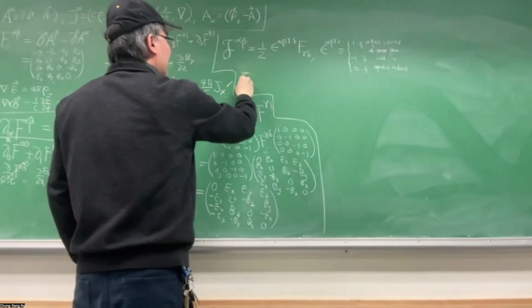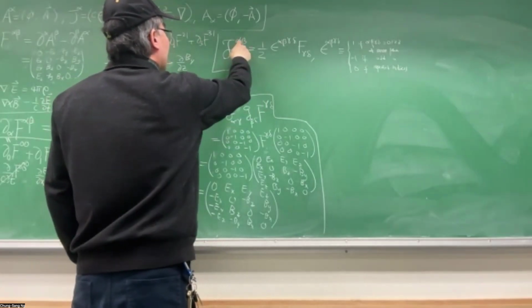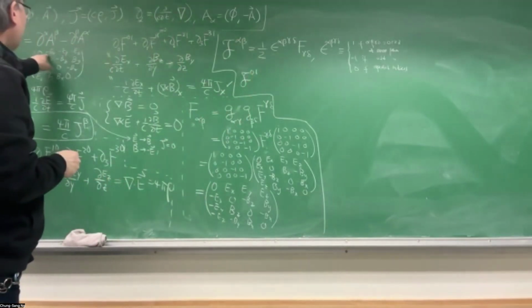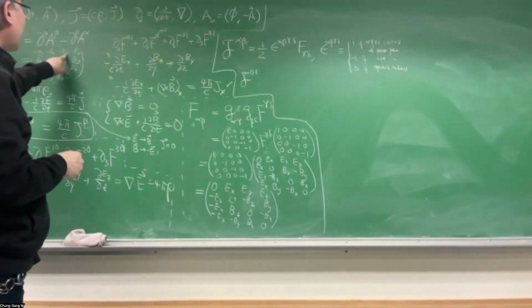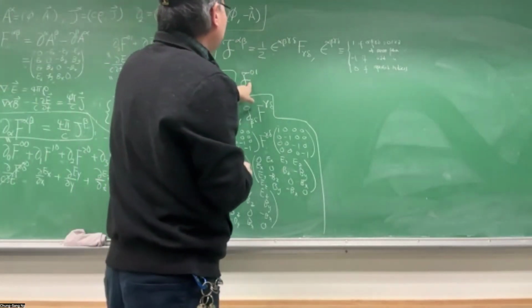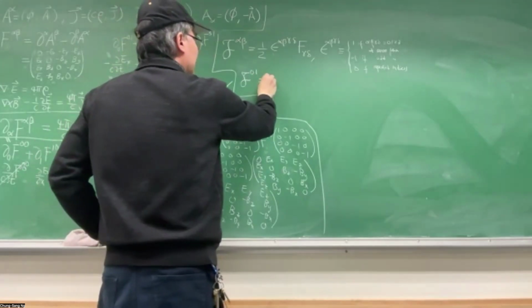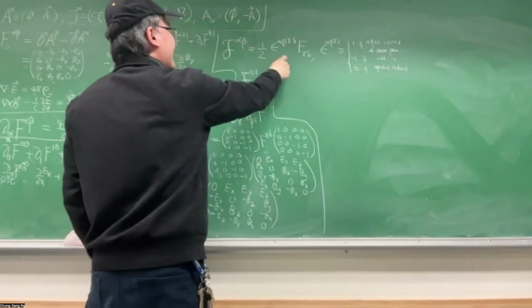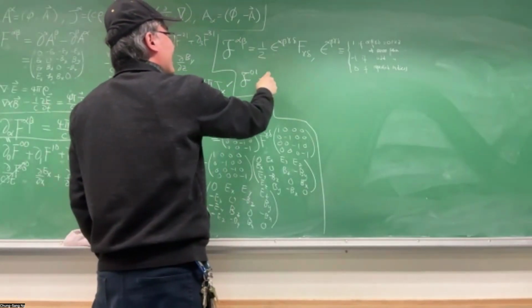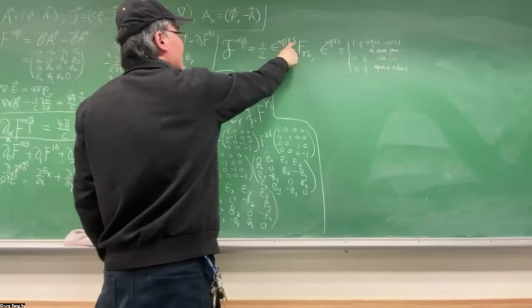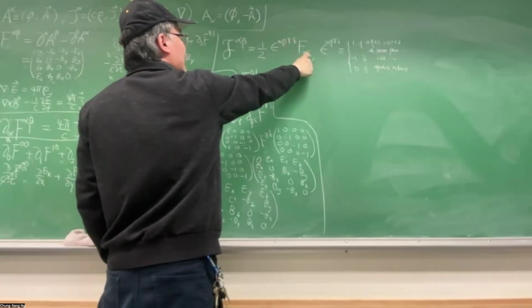Like the script F with indices 0, 1. Here you have 0, 1, 2, 3, and so on. So say script F 0 1: this is already fixed, and you need to sum over gamma delta.